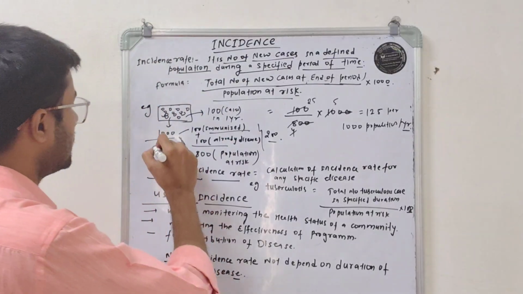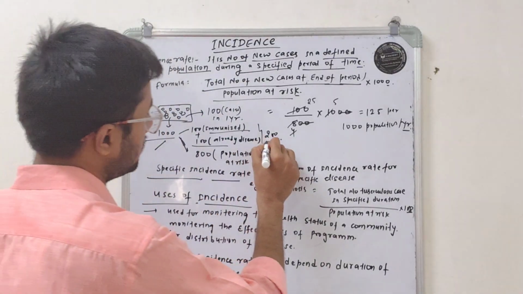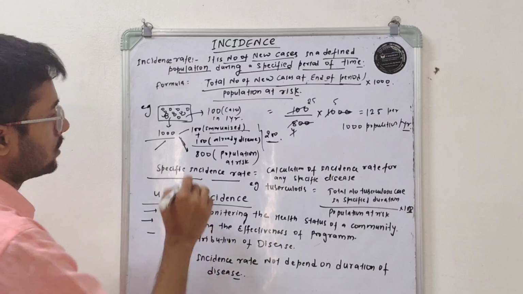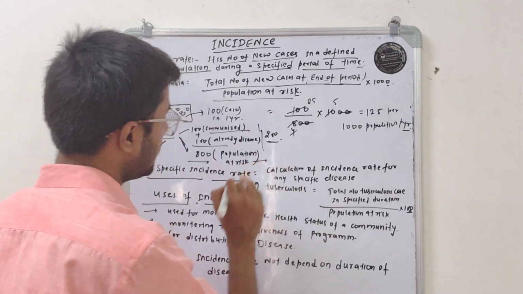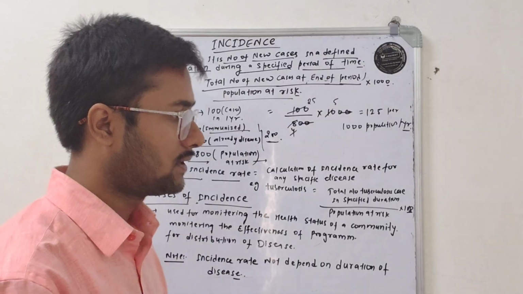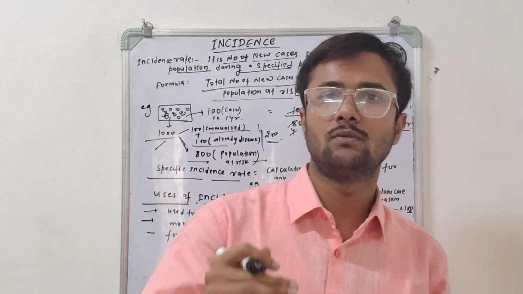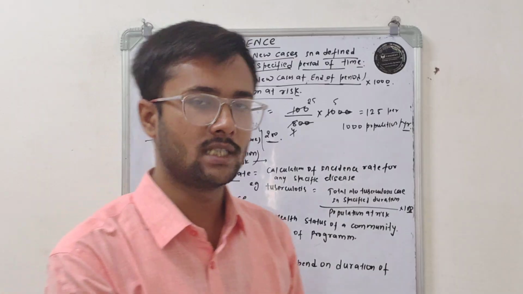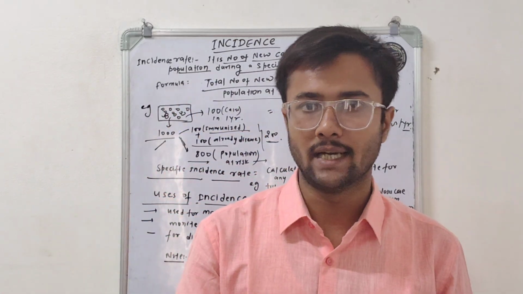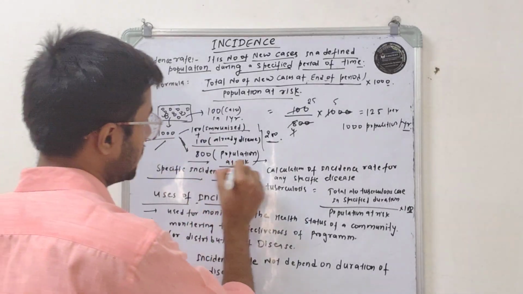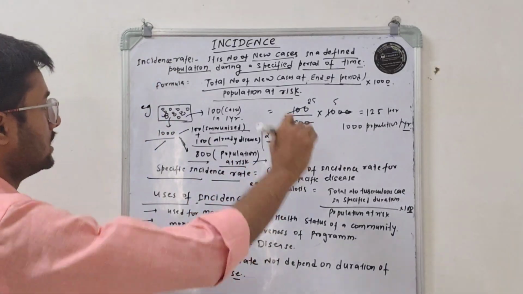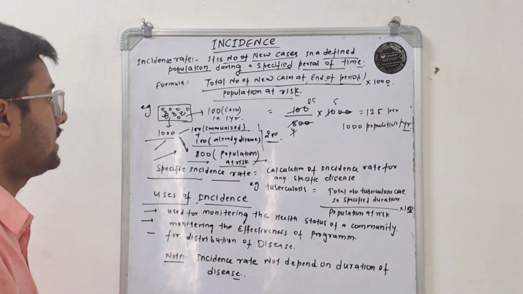The whole population is 1000. We excluded 200 people, so the total remaining population is 800. This remaining population after excluding the diseased and the immunized people, these 800 people, is considered the population at risk. So this is the meaning of population at risk.